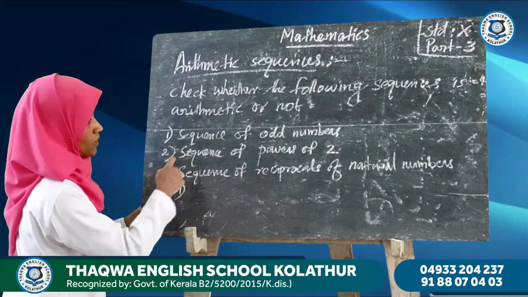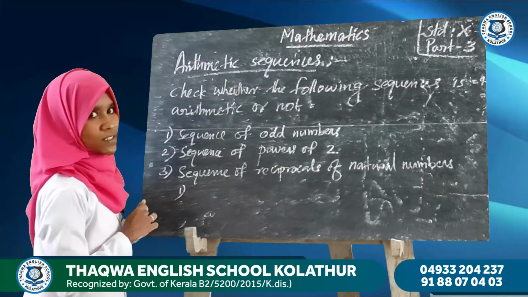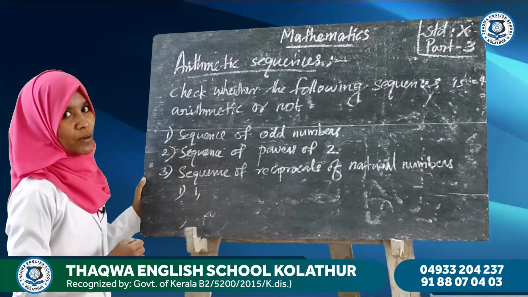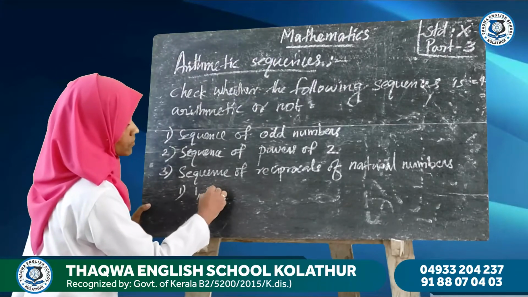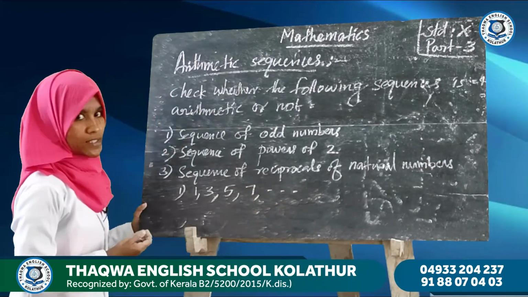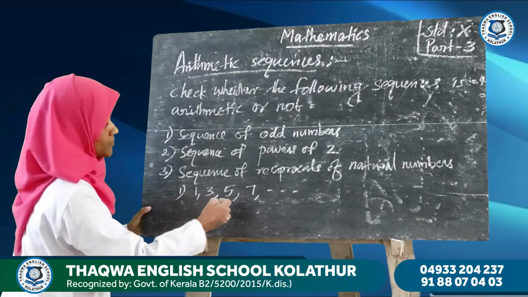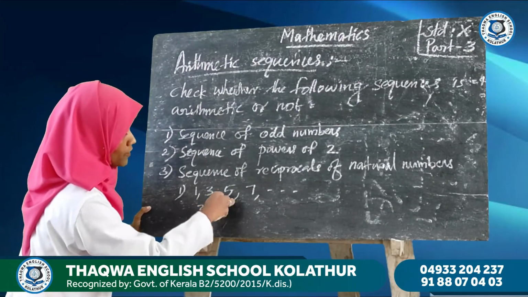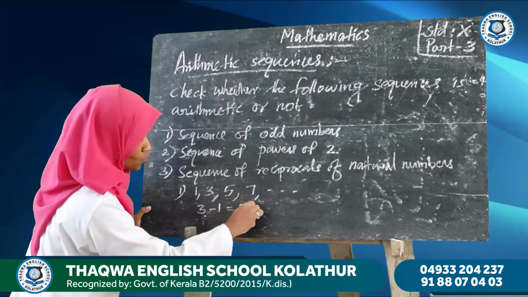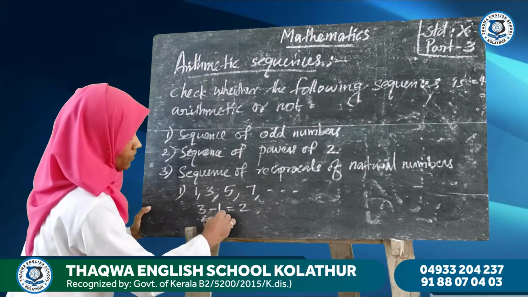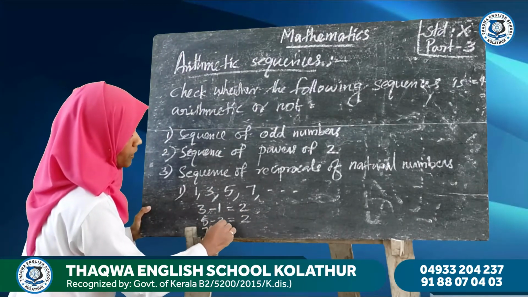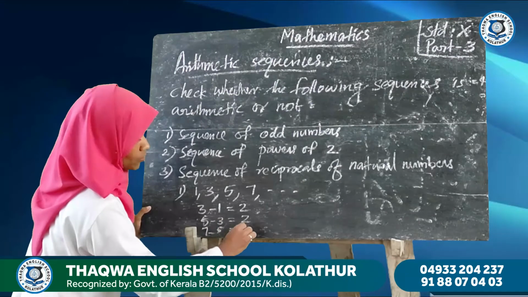First, sequence of odd numbers. How can we write sequence of odd numbers? 1, 3, 5, 7, etc. Find out the difference of consecutive terms. 3 minus 1, 2. 5 minus 3 is also 2. 7 minus 5 is 2.